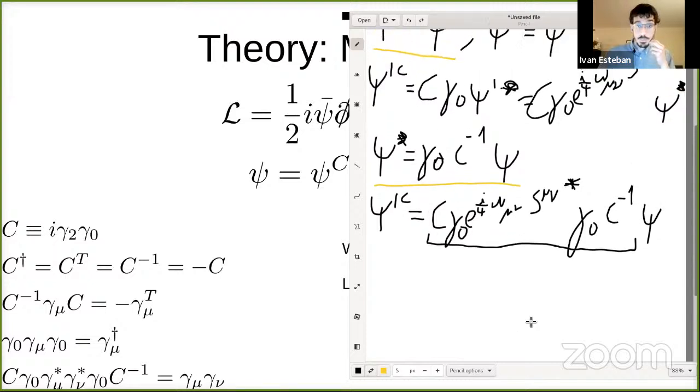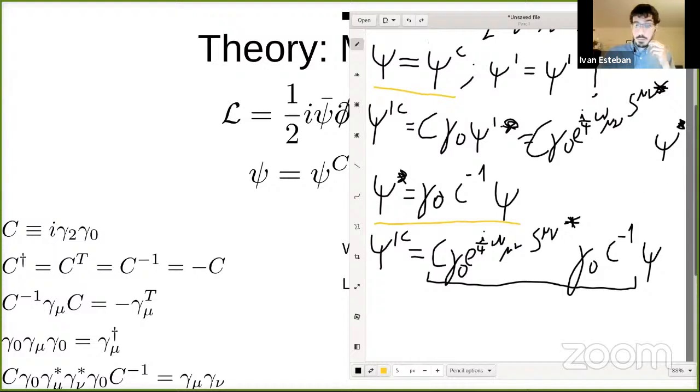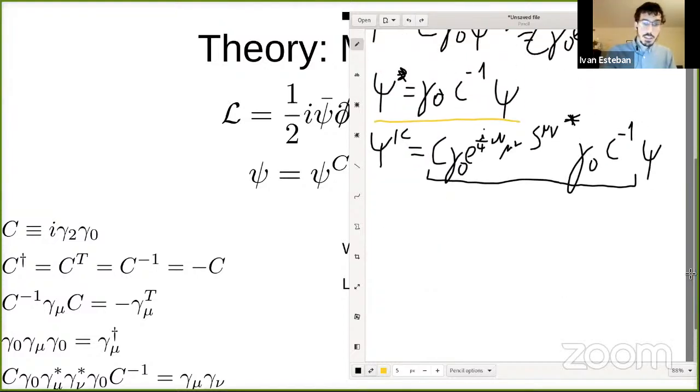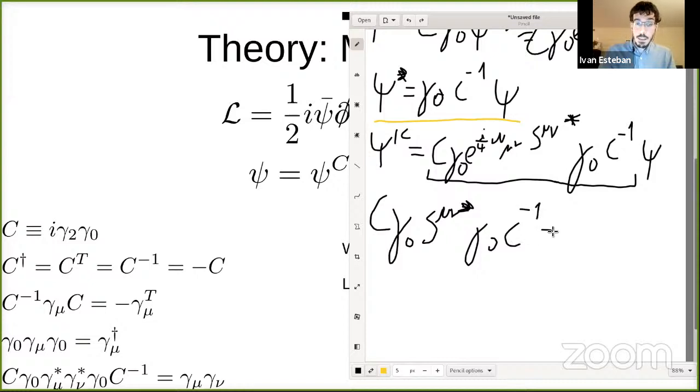So this tells us that if I take C gamma 0 S mu nu star gamma 0 C to the minus 1, this will be minus S mu nu. Why so?